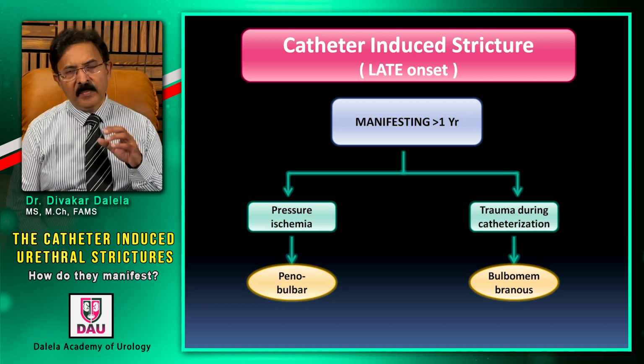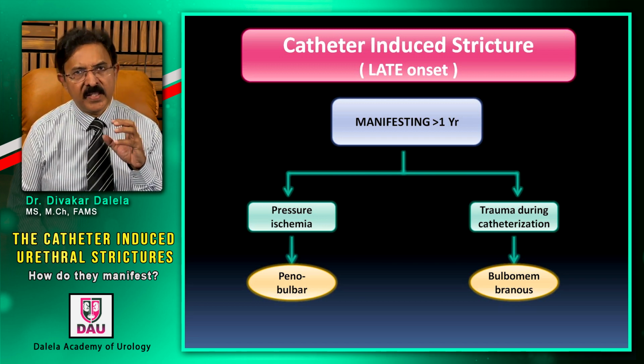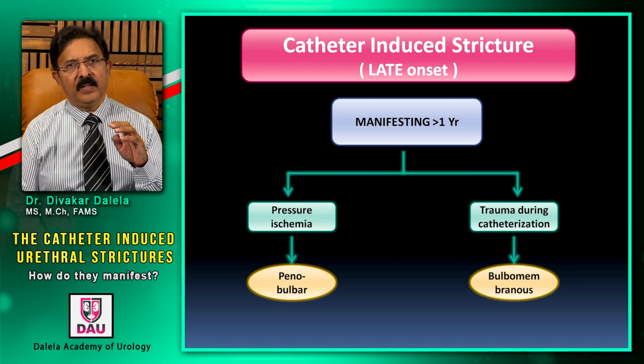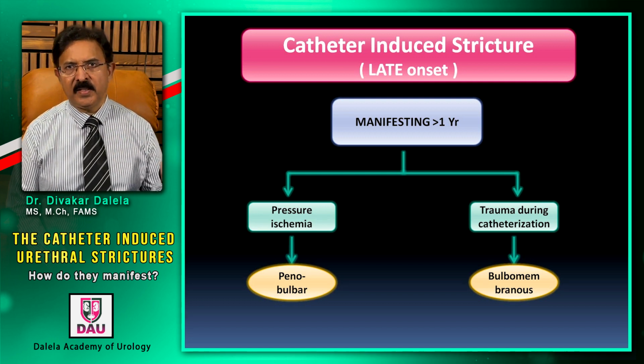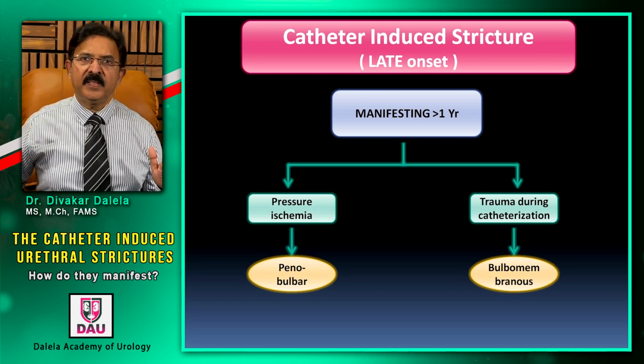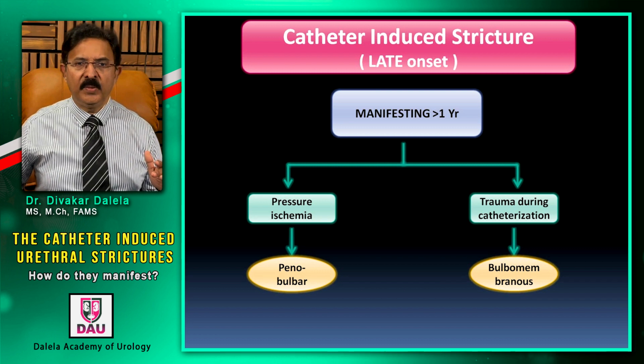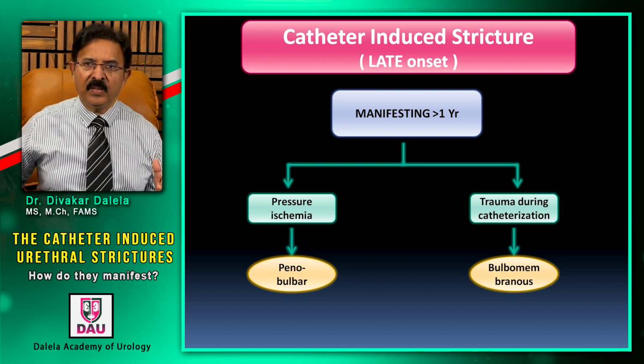So what I'm trying to give you here is an insight: regarding the duration of presentation of the patient from catheter insertion, if it is early, usually it is infection or allergy induced. If patients present late, it is usually due to ischemia or trauma.